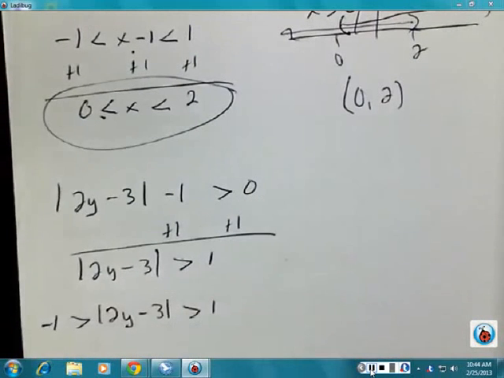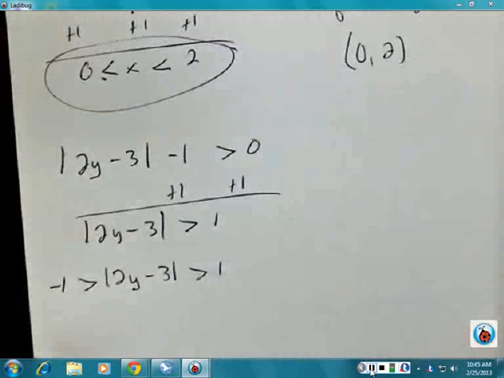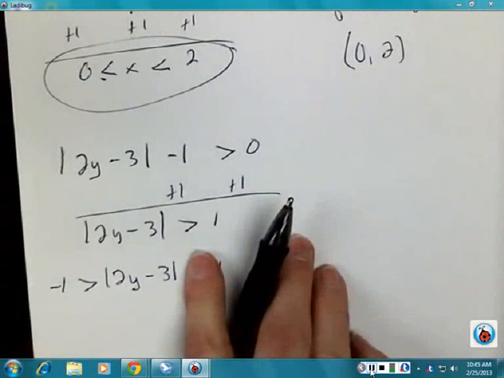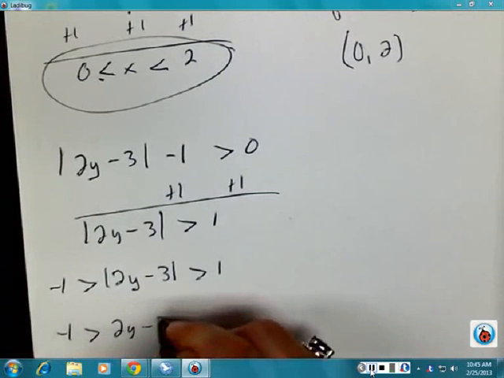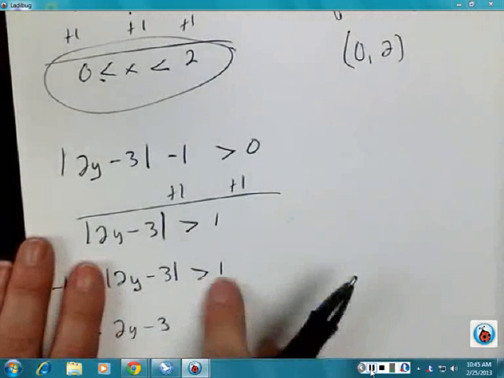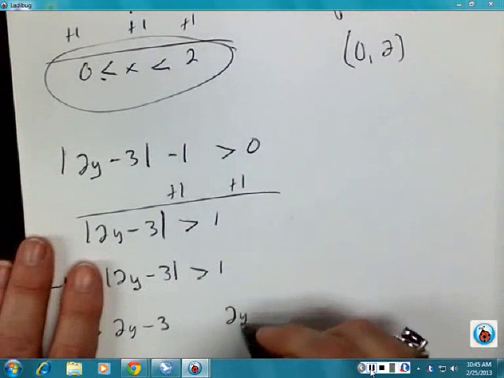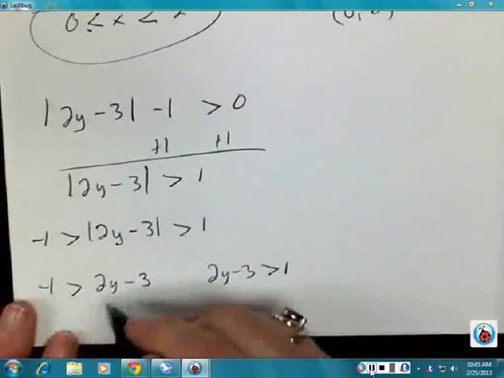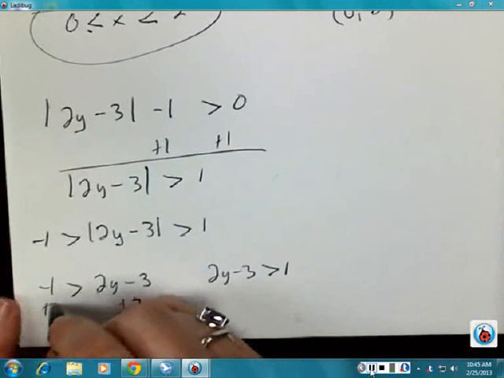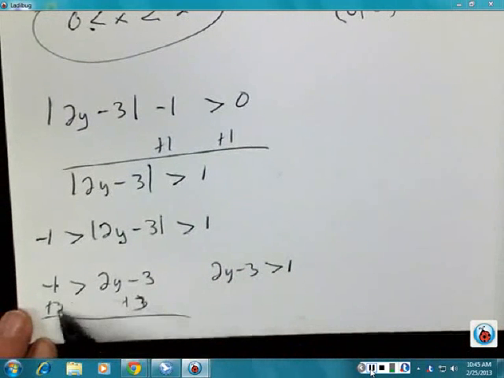Okay. Then to get my 2 pieces, it's going to be this piece. Negative 1 is greater or less than 2y minus 3. And it's going to be this piece. 2y minus 3 is greater or less than 1. When I solve it, I get 1 from 3 is 2.